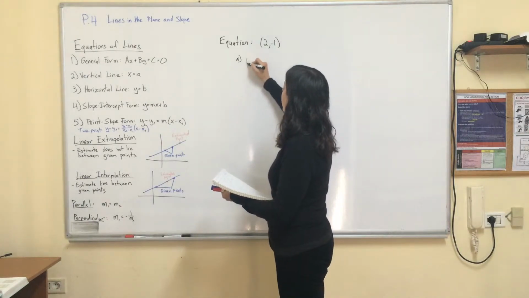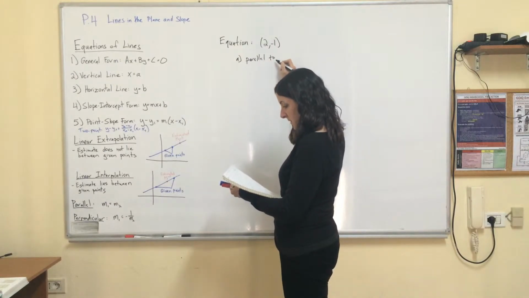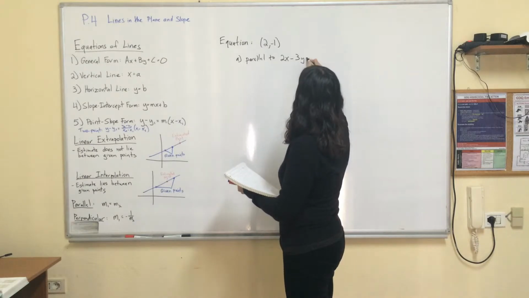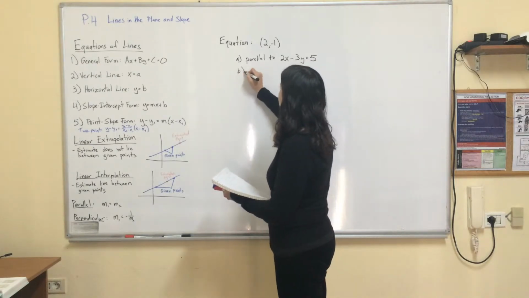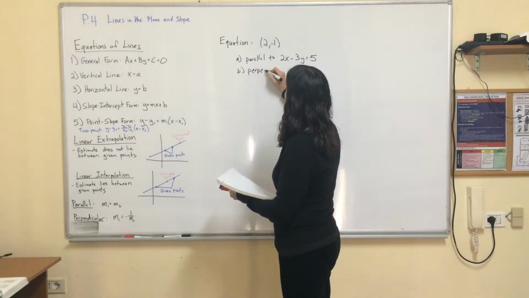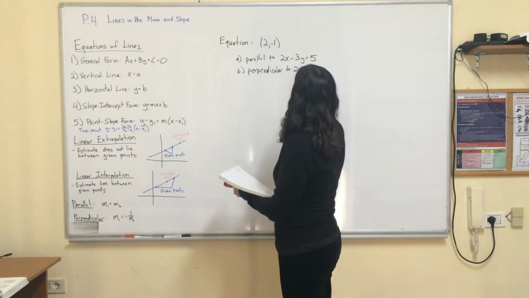First we want the line parallel to 2x minus 3y equals 5. And then secondly, they want you to do a line perpendicular to the same line, 2x minus 3y equals 5.